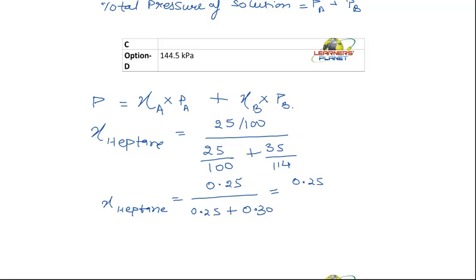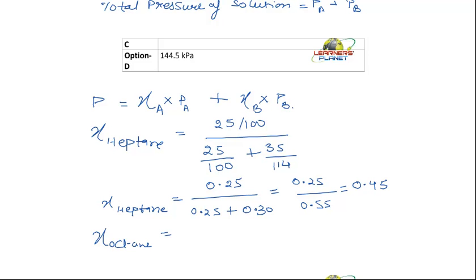Now 0.25 divided by, it would be 0.55. Let's round it off. What you'll get? 0.45, if I am rounding it off as 50 and as 250. So I will get 0.45.